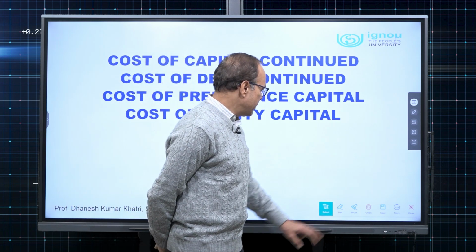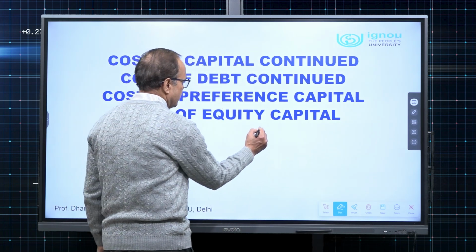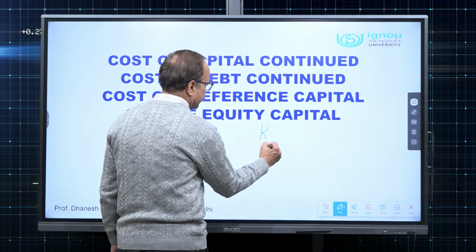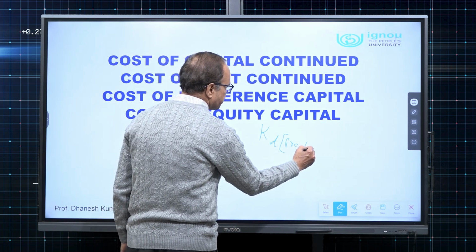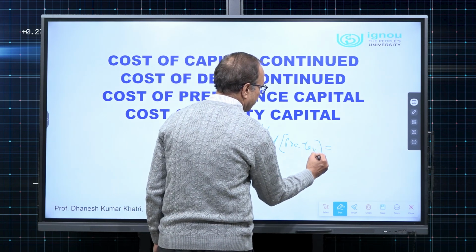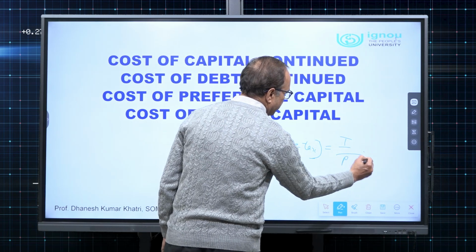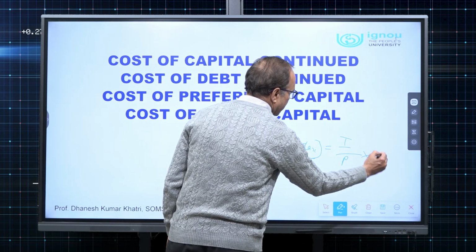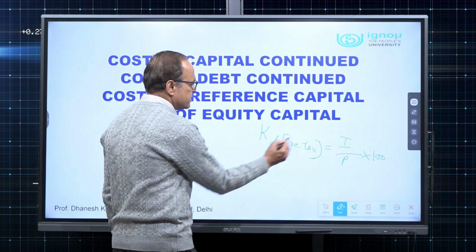How will the cost of perpetual debt be calculated? So, cost of perpetual debt pre-tax, that is before tax, is calculated by using this handy formula, I upon P multiplied by 100, which will get you the answer directly in percentage. Now, what is I in this case?